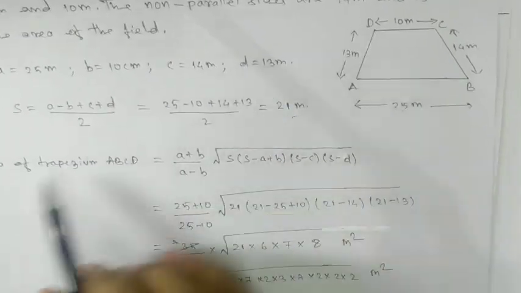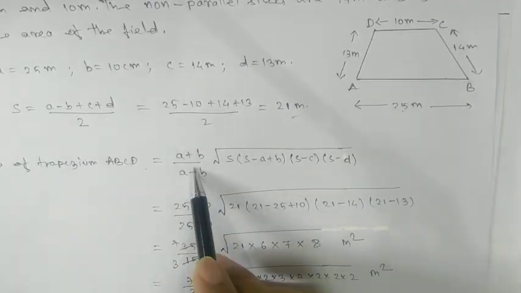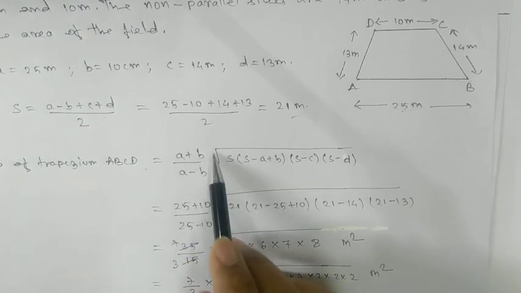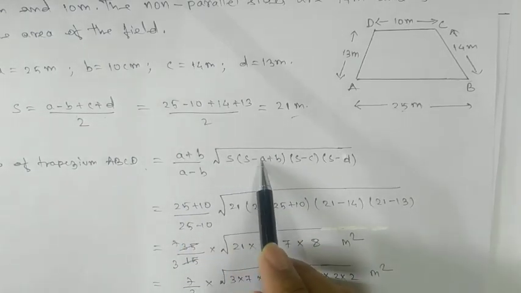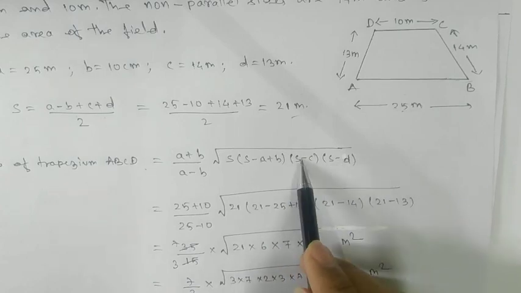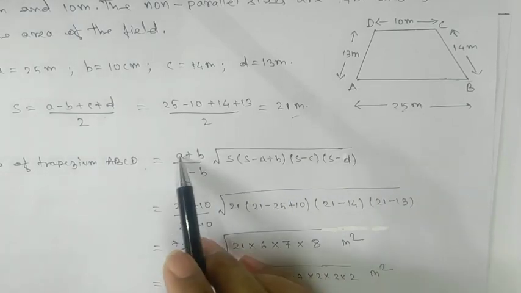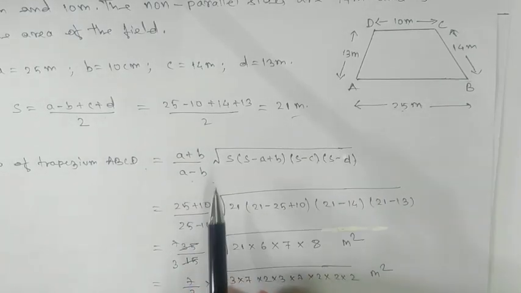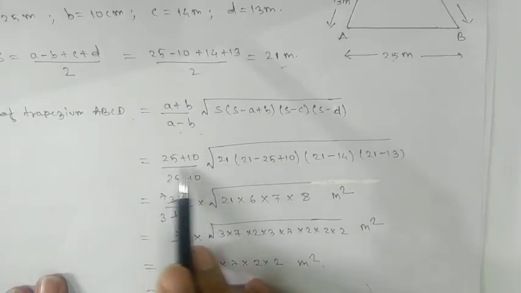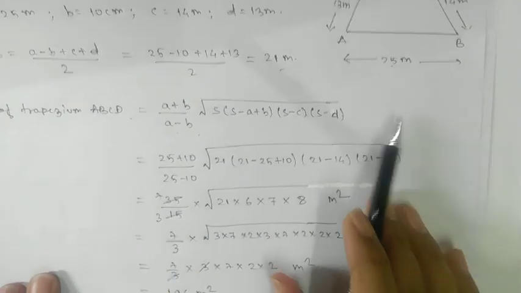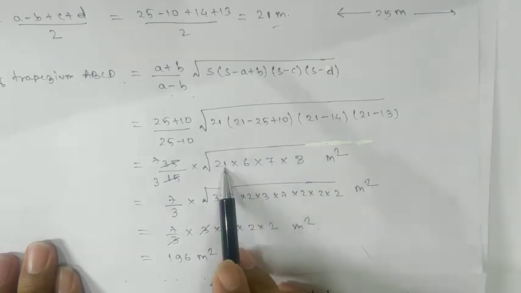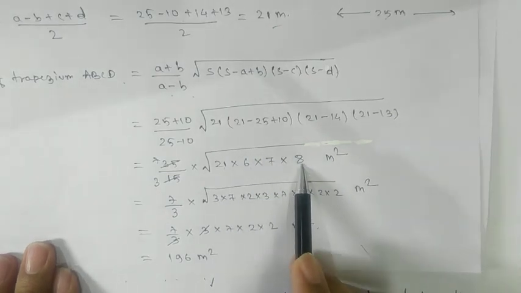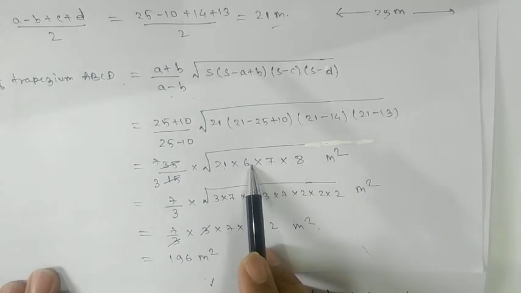Now we'll apply area of trapezium formula. So root over S into S minus A plus B, S minus C, S minus D, and here we have A plus B by A minus B. Substitute the value. We are substituting value. So here we have 21, 6, 7 and 8. Now see, we are not going to multiply again.